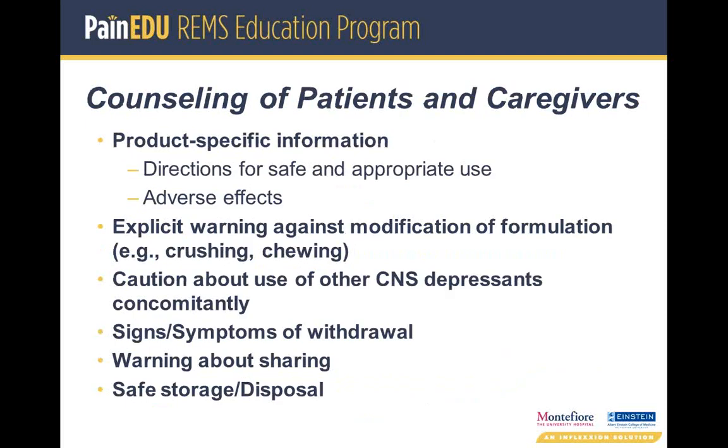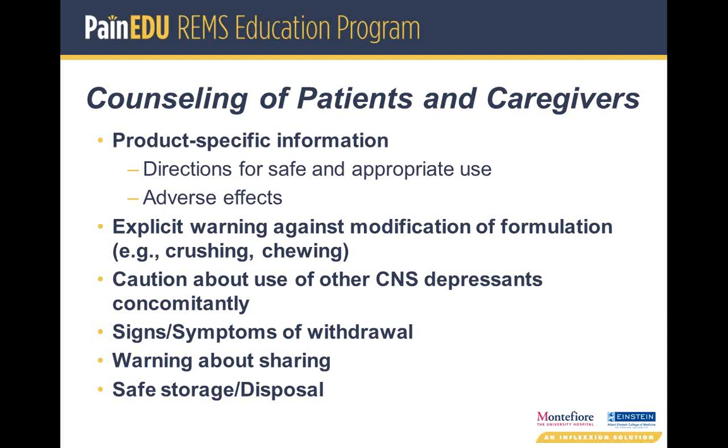One thing that I think we can all say is that from the counseling of patients and caregivers, most of us have probably relied on the medication guide to do that job. But what the FDA wanted to make sure was that, through this education, prescribers have a clear understanding that they needed to provide counseling on a product-specific level: a warning against modifying the extended release long-acting opioids, because they do have an extended release mechanism within them, and crushing them or chewing them could defeat that mechanism.